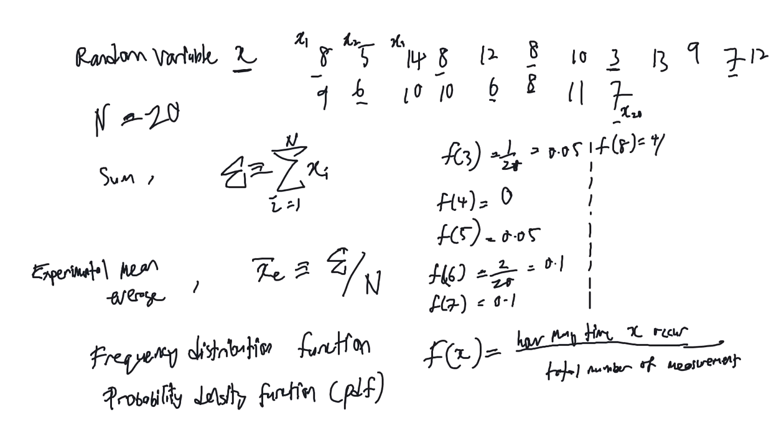We have 4, so 4 over 20, 0.2. f9, we have 1 and 2, so 0.1. f10, 1, 2, 3, so it's 0.15. f11, we got 1 here, 0.05. f12, 1, 2, so it's 0.1.